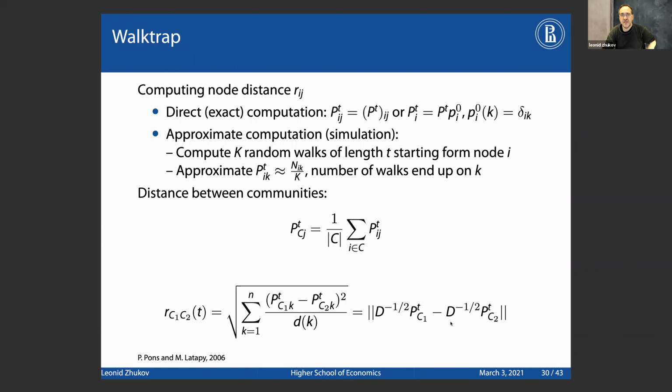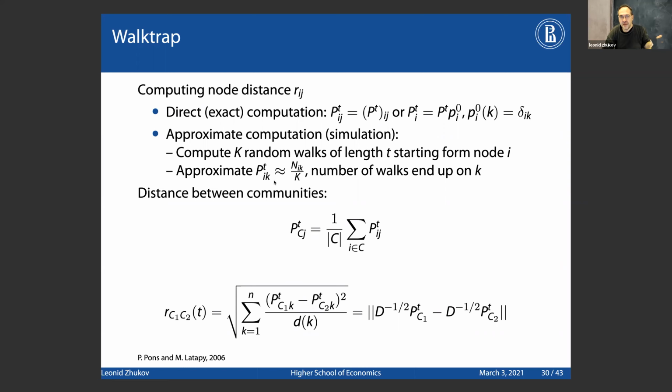So we compute the distance, and we can do this by literally simulating, or by actual computations.